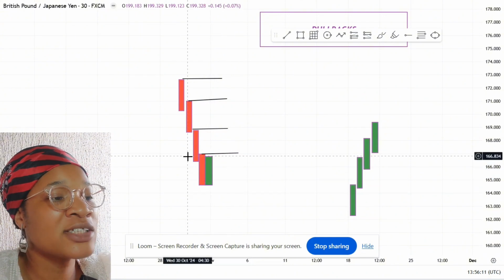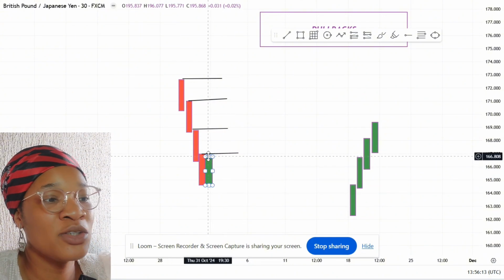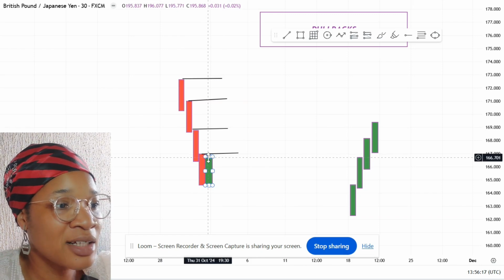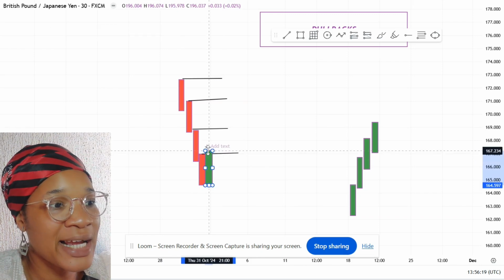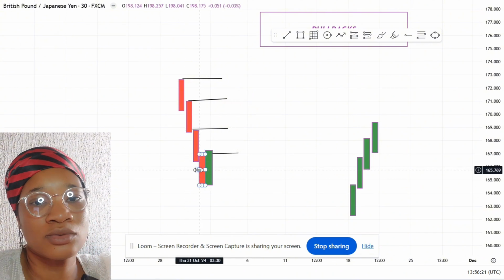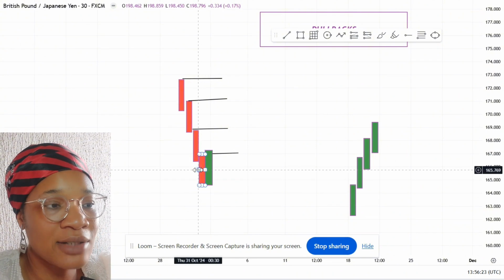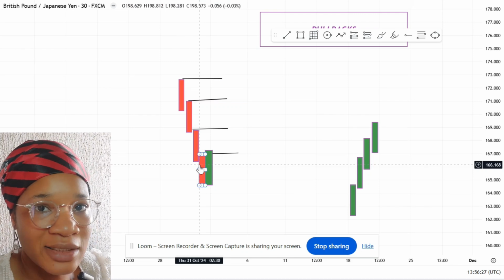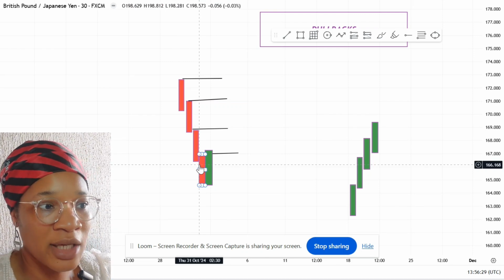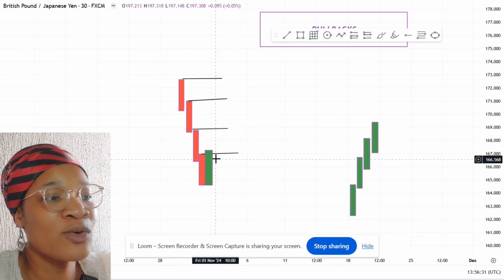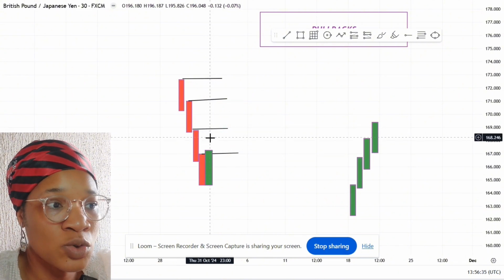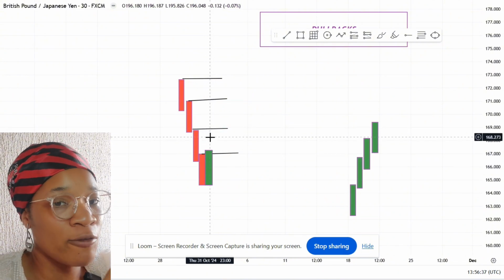It is until price comes back to use either a single candle or a series of candles and comes here to take out the high of this last sell candle, that is when we can say that a valid pullback has occurred. Then we start saying, okay, maybe price is coming into a premium zone that we can then sell from.